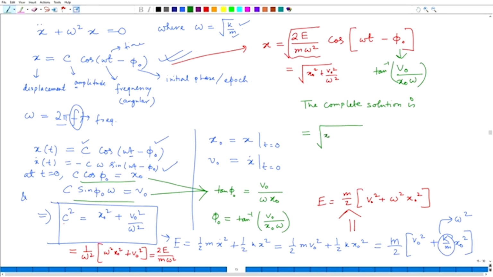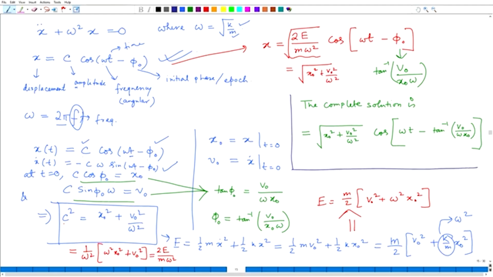Root of x 0 square plus v 0 square by omega square times cos omega t minus tan inverse v 0 by omega x 0.